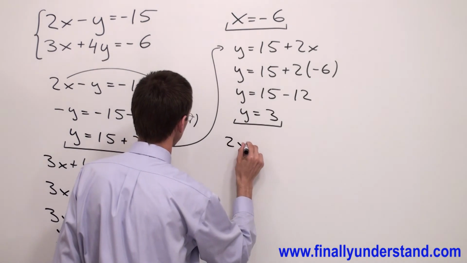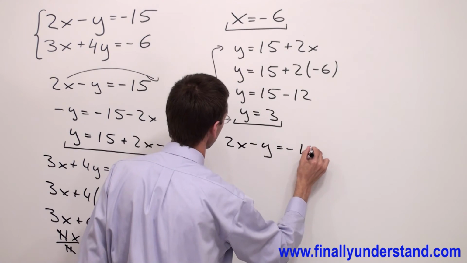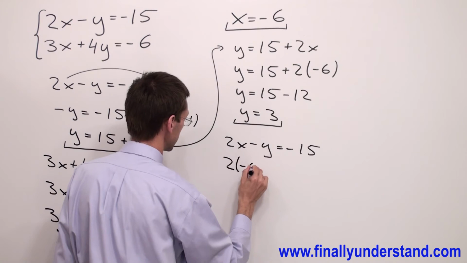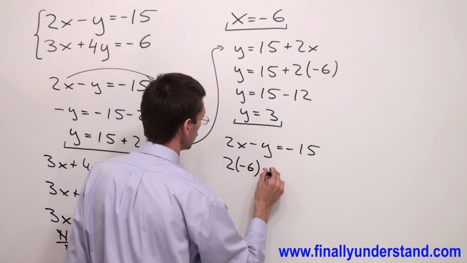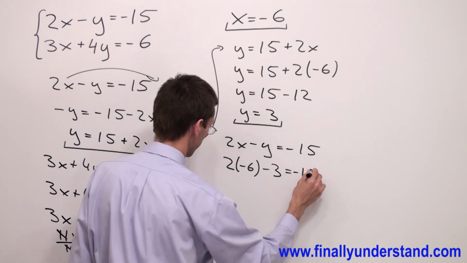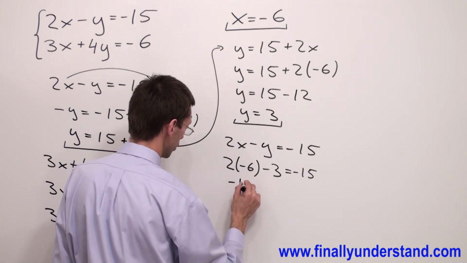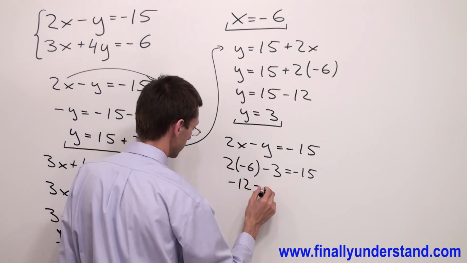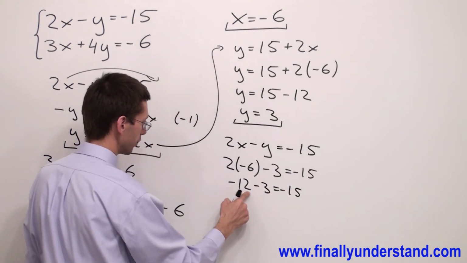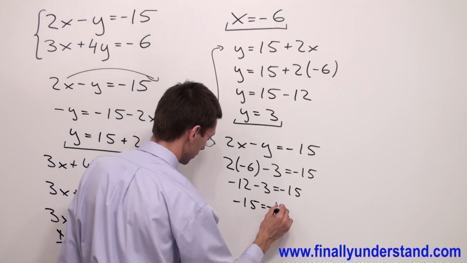I have 2x minus y is equal to -15, where we have 2 times x, which is equal to -6, minus y, which is equal to 3, equals -15. 2 times -6 is equal to -12, minus 3 is equal to -15. -12 minus 3 is equal to -15 equals -15.